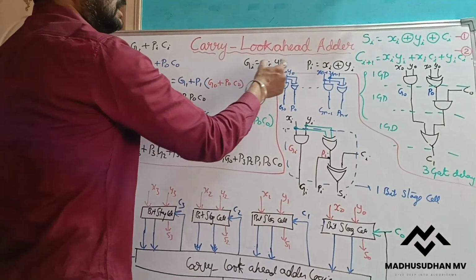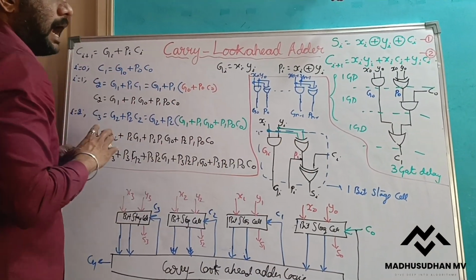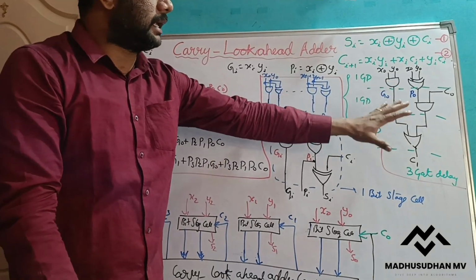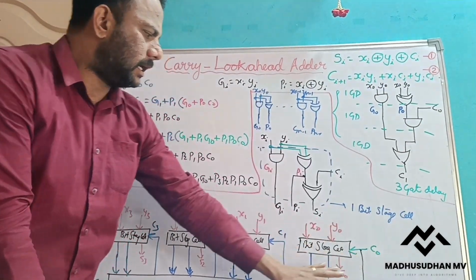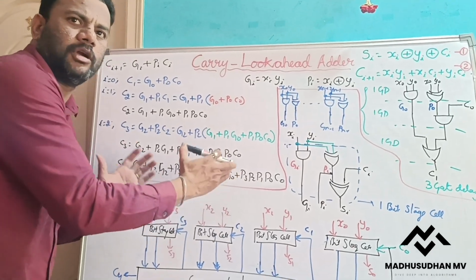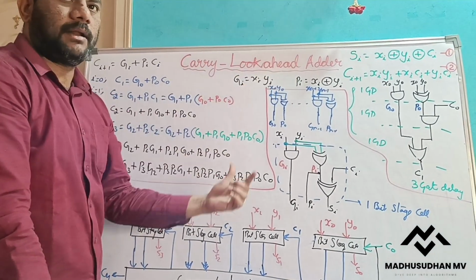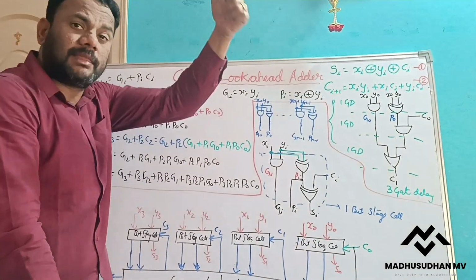With the carry generate and propagate functions, I derived the sum bit equation. To generate every carry takes 3 gate delays, so all carries are generated at the same time, at 3 gate delays only. No need to depend on the previous stages. So this is how this adder circuit looks ahead at the carry.